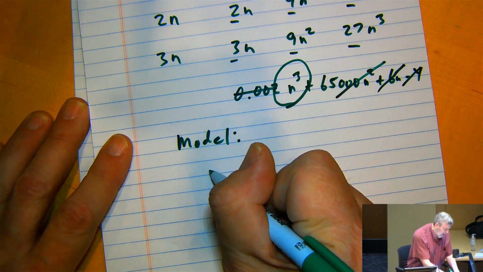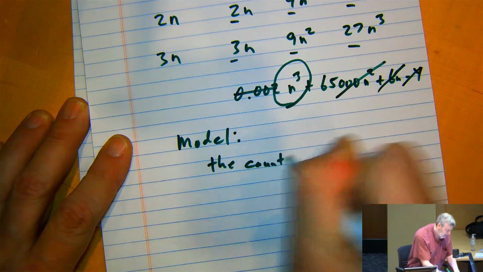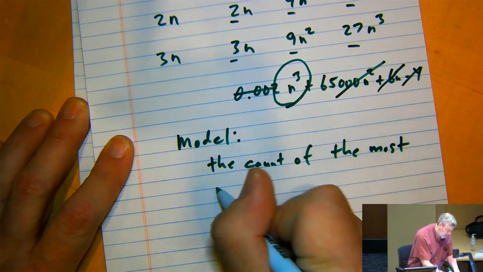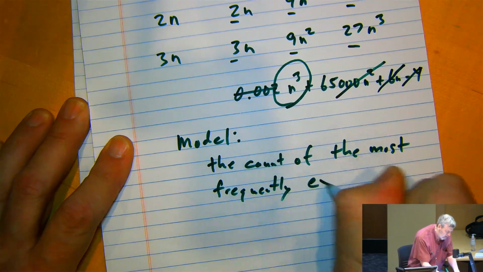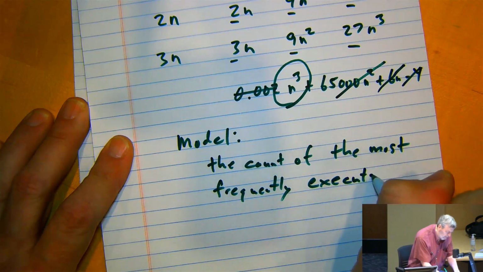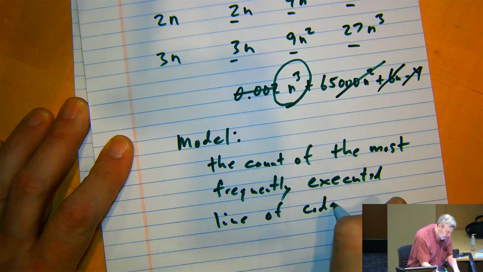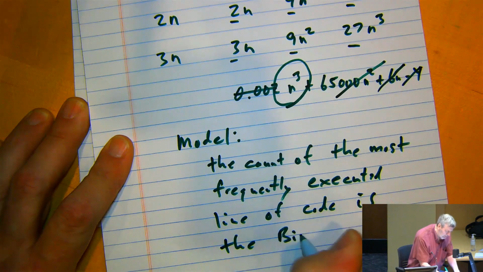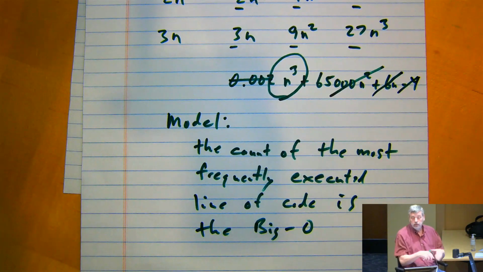and basically say that the count of the most frequently executed line of code is the big O. There are lots of lines of code that are potentially being executed.